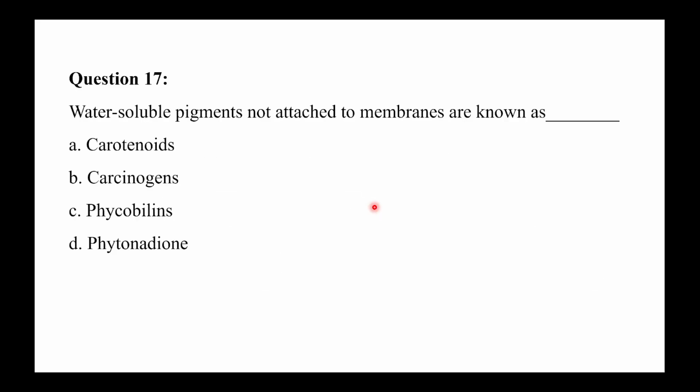Water soluble pigments not attached to the membranes are known as. So in the previous question we talked about a membrane bound pigment. Now in this question I'm asking about water soluble pigments that are not attached to the membrane. They are known as, again, options are carotenoids, carcinogens, phycobilins, phytonadione. Write your answers in the chat box.